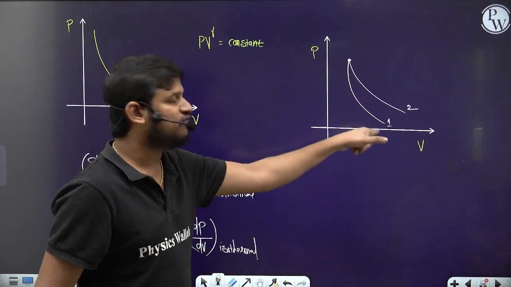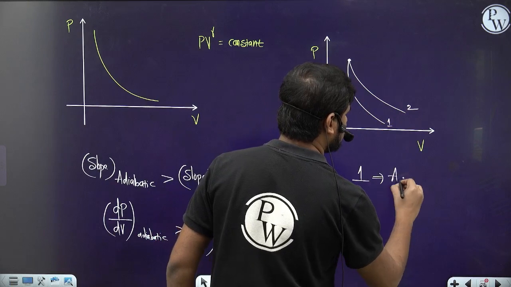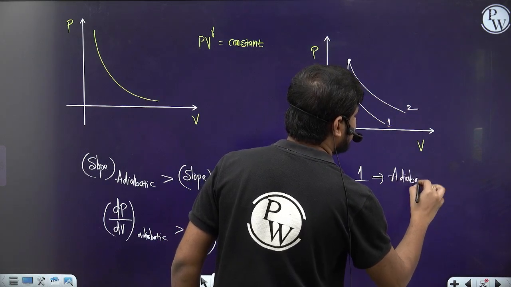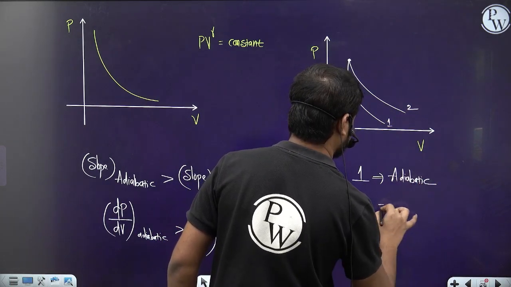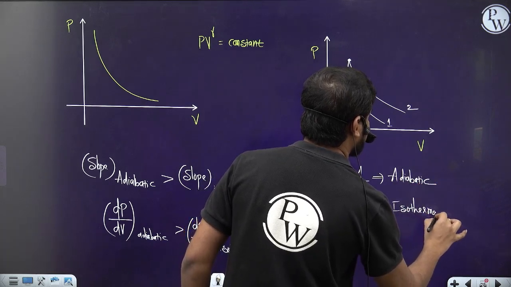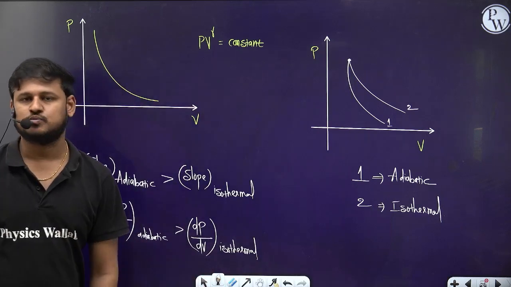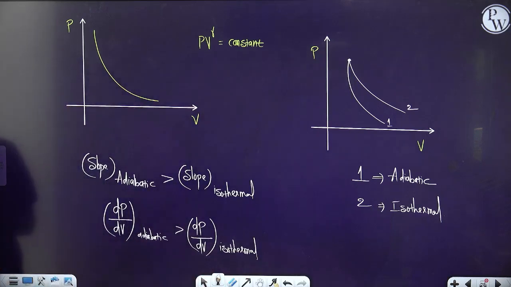This is rapidly falling. So the first one is an adiabatic curve and the second one we can say is isothermal. Clear? Actually the adiabatic slope will be gamma times that of the isothermal slope. You can write that point also. Clear, guys?